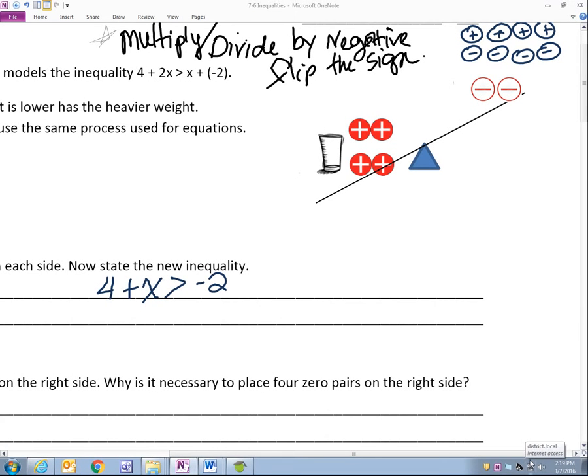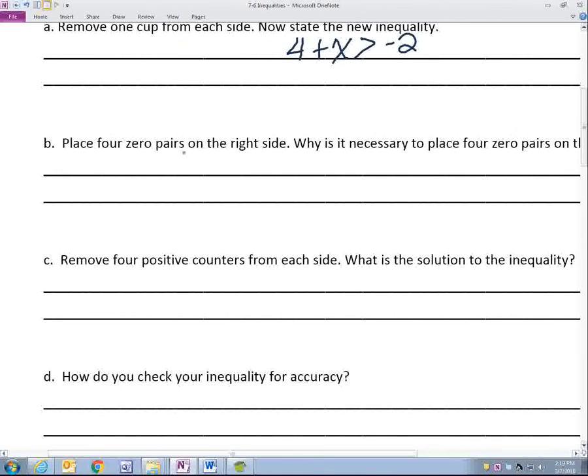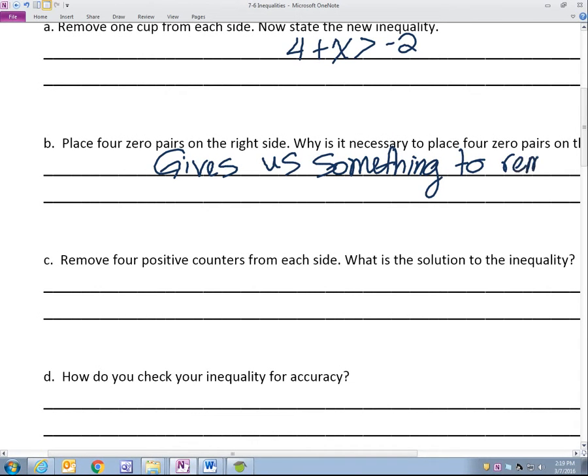If I had to put it into words, I would say it gives us something to remove in an upcoming step.